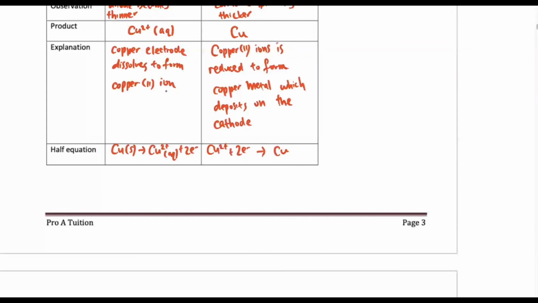Now let's see the half equation. The silver ions accept electrons and become silver.